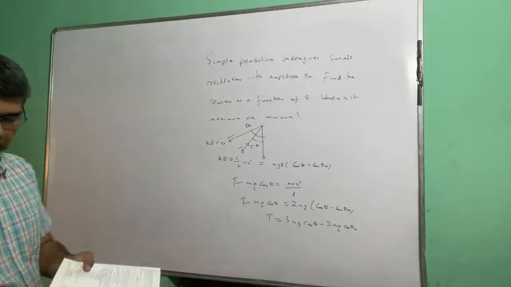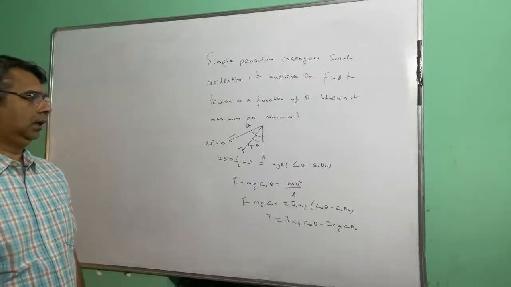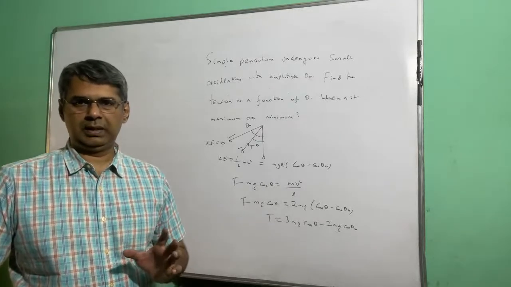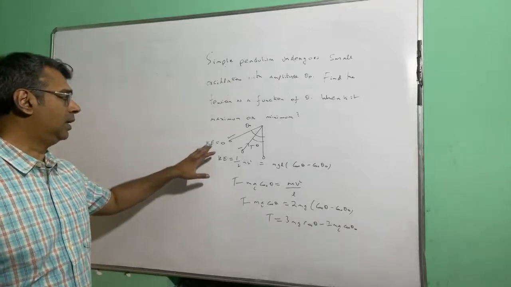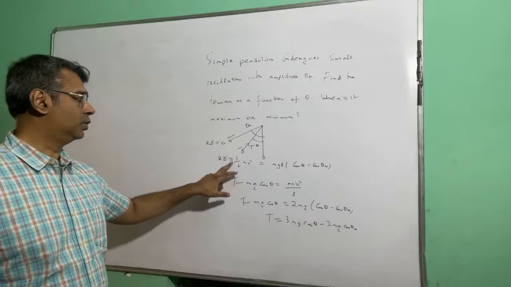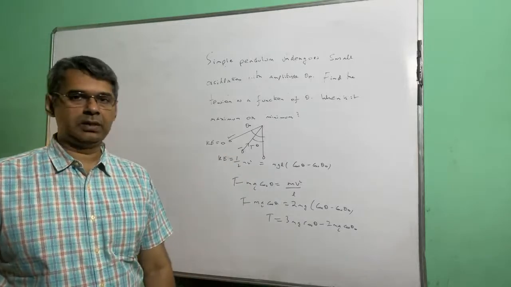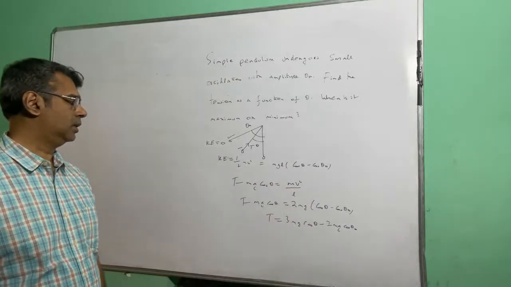Once again, let us discuss. Not much simple harmonic motion analysis is being done here; this is more like a circular motion sum. The kinetic energy over here is 0, here the kinetic energy is half mv square, which should equal the difference of potential energy between these two positions, mgl into cos theta minus cos theta 0.